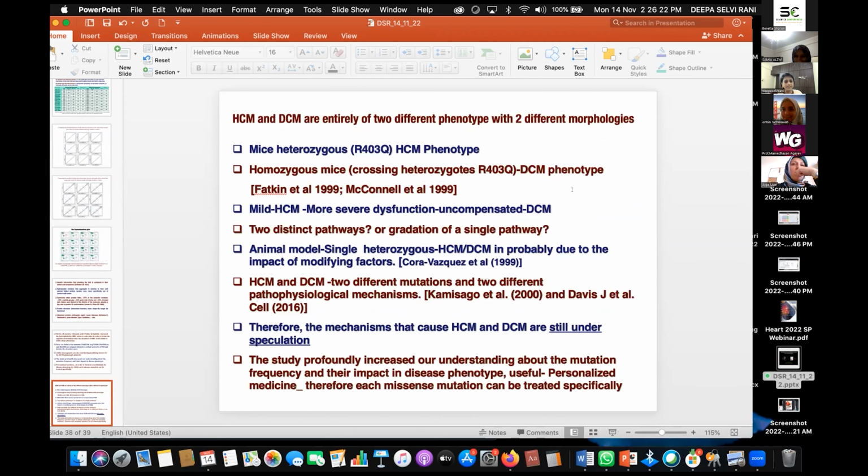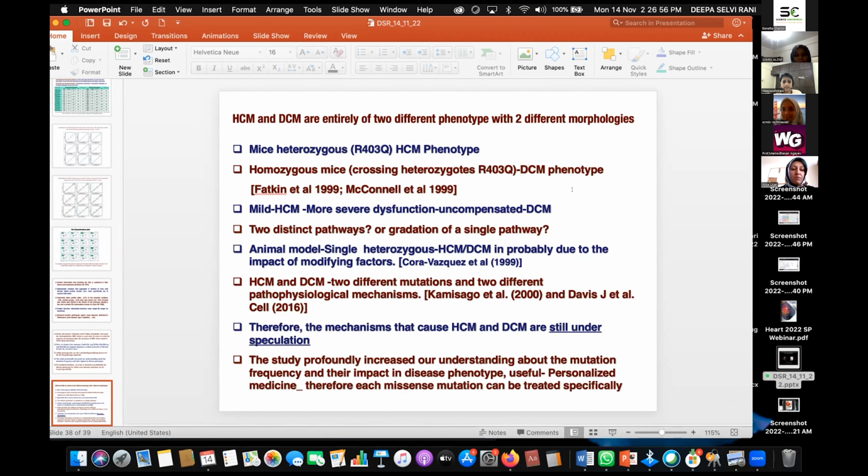We all wonder that DCM and HCM are entirely two different phenotypes. How can a single mutation give rise to two different phenotypes? Like in the mouse, the heterozygous first mutation R2Q was reported in the HCM phenotype. When they crossed this heterozygous R2Q, they found the homozygous mouse giving a DCM phenotype. That means, when it is more severe, is it HCM?